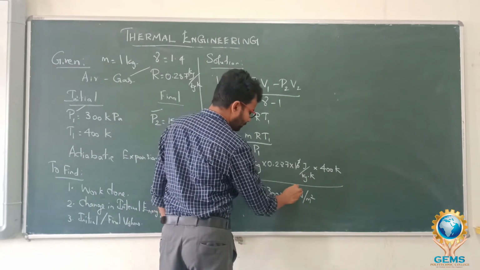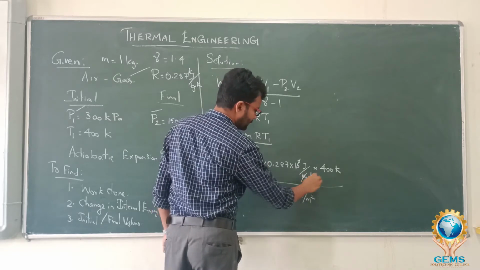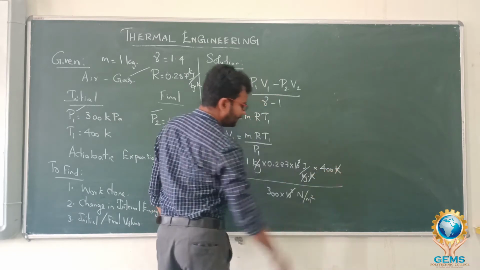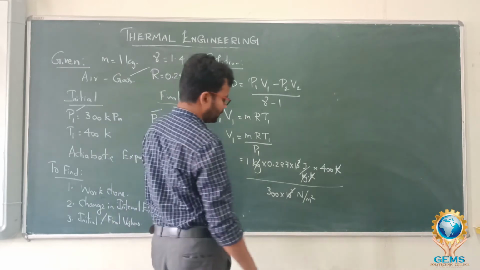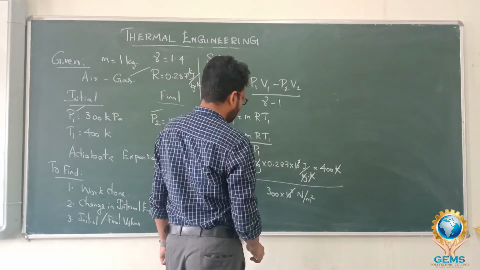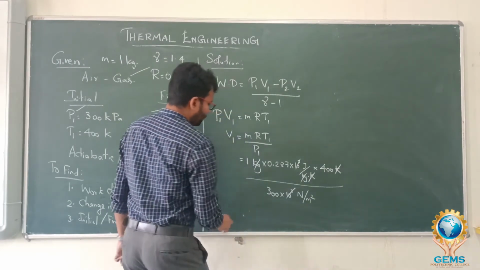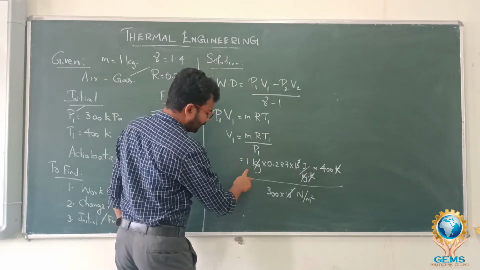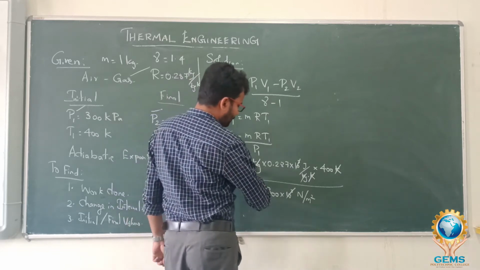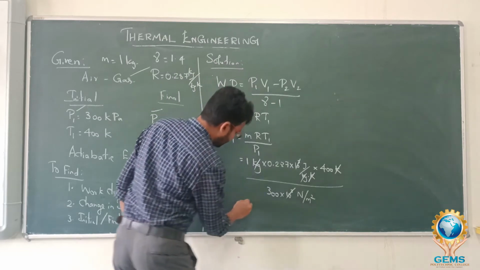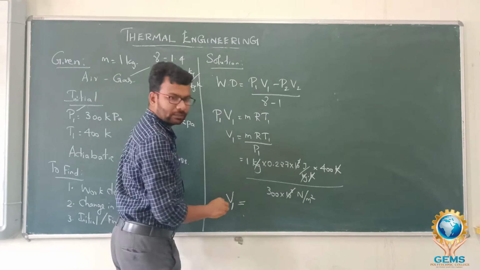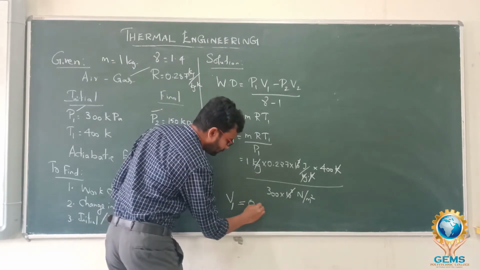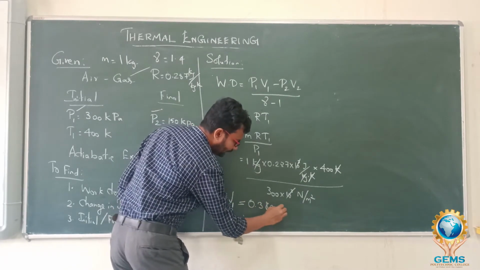So 10 to the power 3 cancels, kg and kg cancel, Kelvin and Kelvin cancel. The answer is V1 equals 0.382.